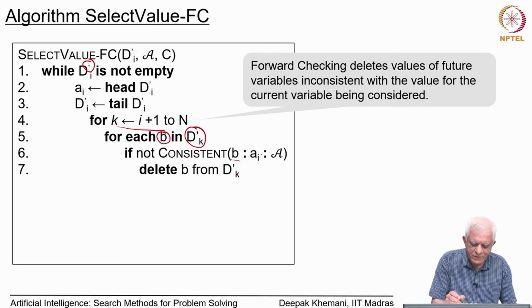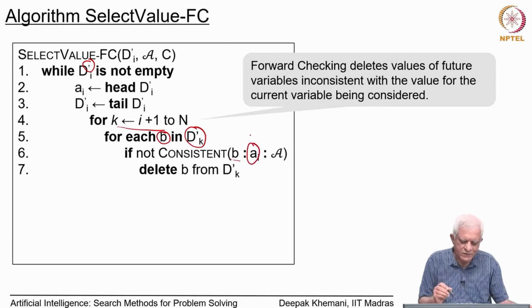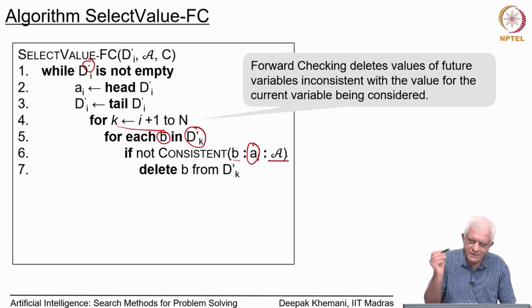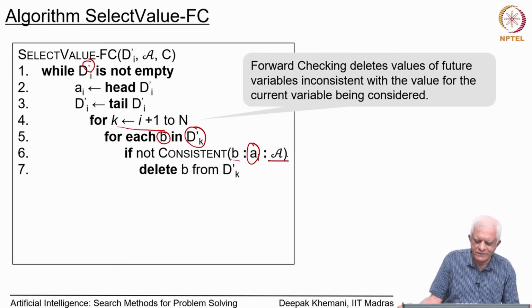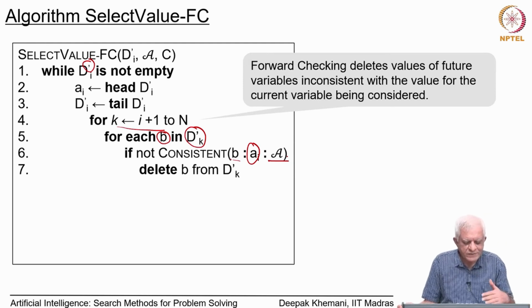If you take that value, and if you consider the value that you are considering for select value, ai, and if you look at the past assignment, so you are looking at the past as well as looking at this particular row in the future, the kth row. There are algorithms which look at all rows. We will just see a glimpse of that before we finish. So, what is forward checking doing?